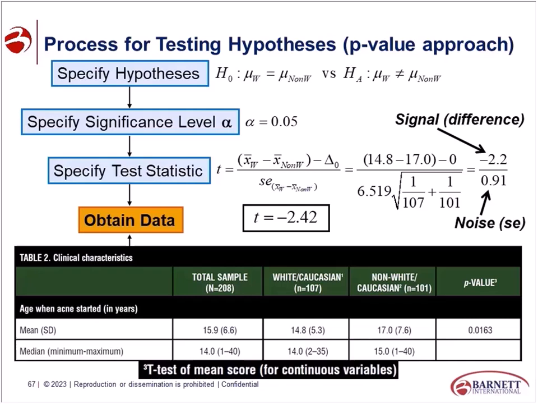Okay, the test statistic is simply constructed as the difference between the two means, right? The average age of onset of acne. Okay, difference. So you have a difference on the top, and now we have a difference from a single sample. If we repeated this survey multiple times, we're going to have multiple differences.